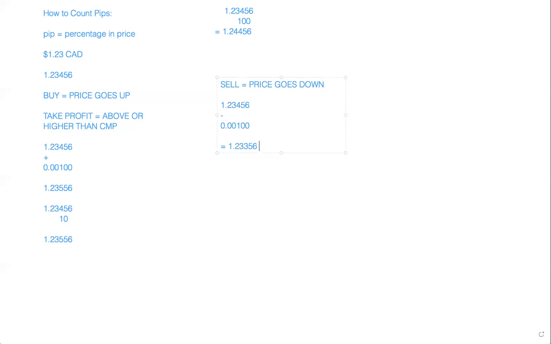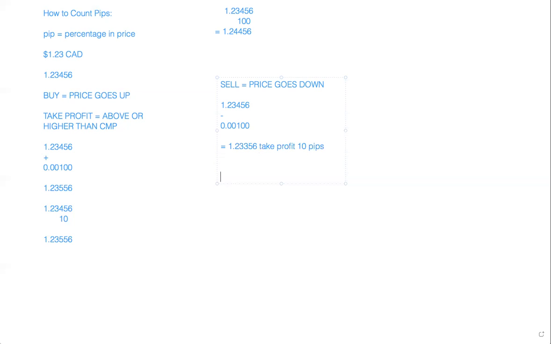Okay, so that would be what you would be setting as your take profit if you wanted price to go down 10 pips from current market price. And if you remember our last video where we were calculating lot sizes, that's what decides how much you're actually earning per pip.